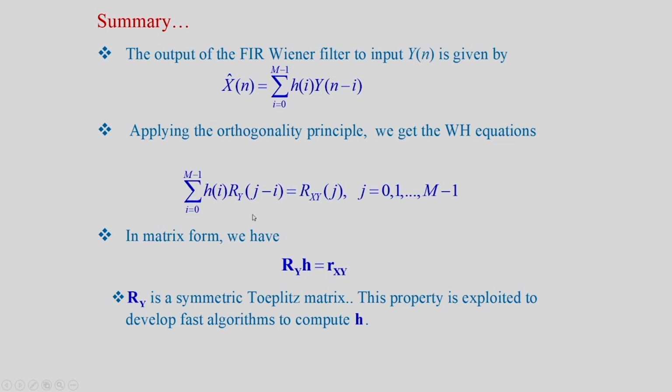Therefore, we can solve this set of equations to get the filter coefficients. In the matrix form, we have Ry h is equal to Rxy, that is, the autocorrelation matrix into the h vector is equal to the cross correlation vector. We also observed that Ry is a symmetric Toeplitz matrix, and this property is exploited to develop fast algorithms to compute h. Thank you.